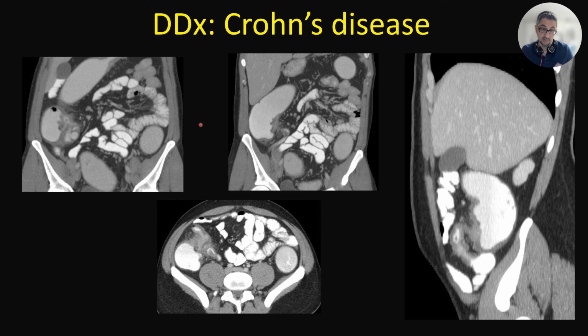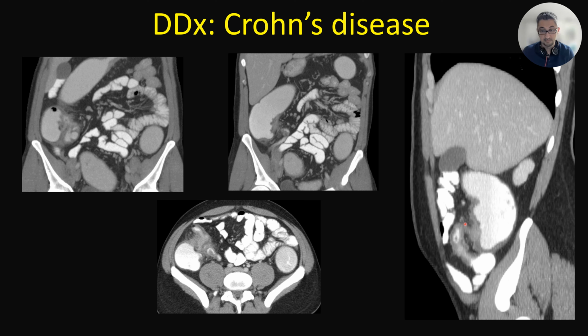So that's one differential. The second one is Crohn's disease. Crohn's may be associated with inflammation of the appendix. When it's involved, it may be very difficult to differentiate by imaging, but clinically it's usually easy to differentiate because Crohn's patients usually present with a long history of diarrhea and symptoms. Appendicitis is obviously an acute pathology, but the findings may be similar.